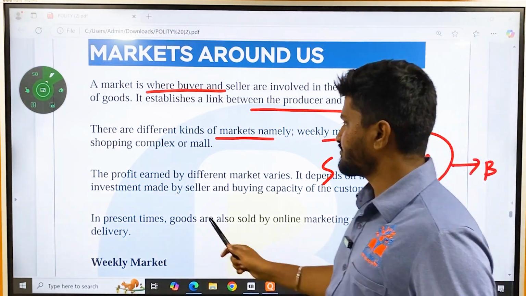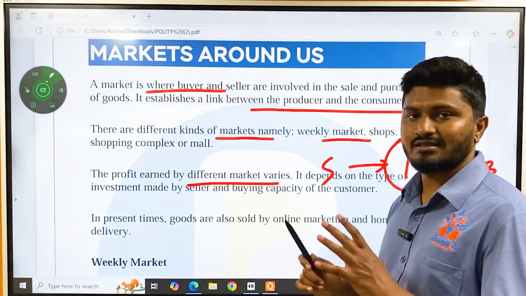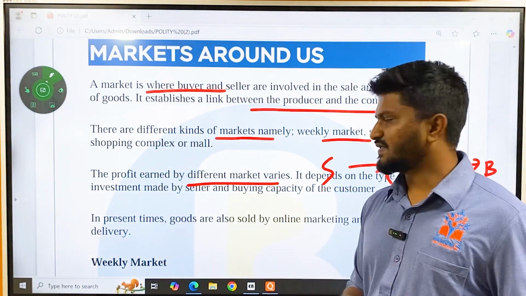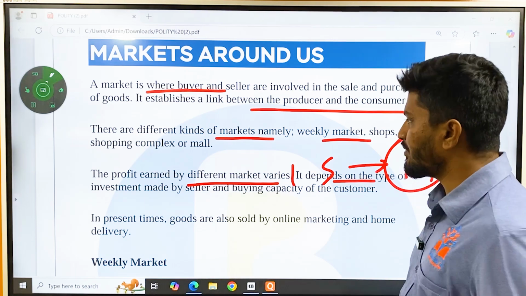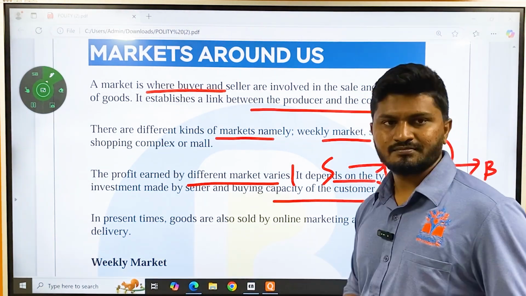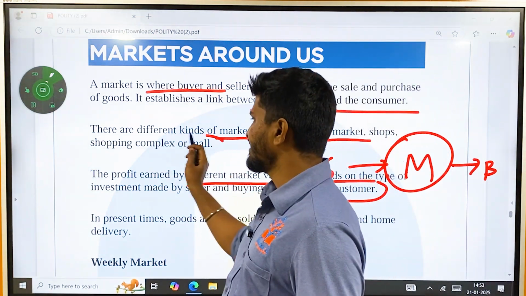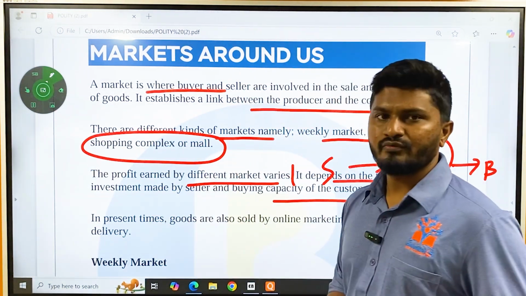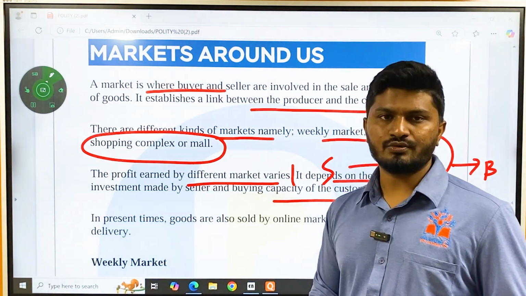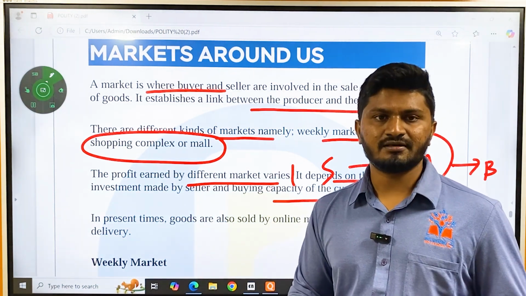The profit earned by different markets varies based on the name, the product and the value as well. It depends on the type of investment made by the seller and the buying capacity of the customer. Normally, people selling at a shopping complex or a mall will have products of higher cost, and the people who are able to afford them are also from the richer strata.